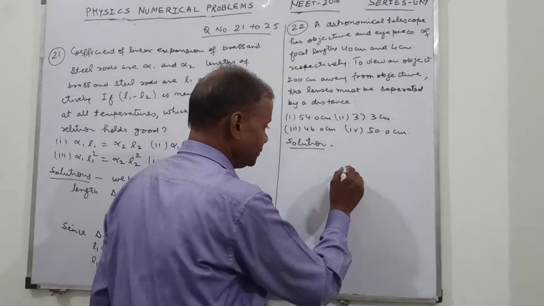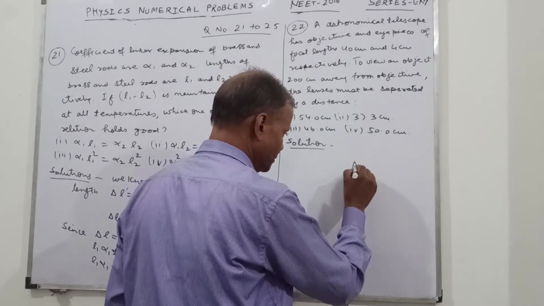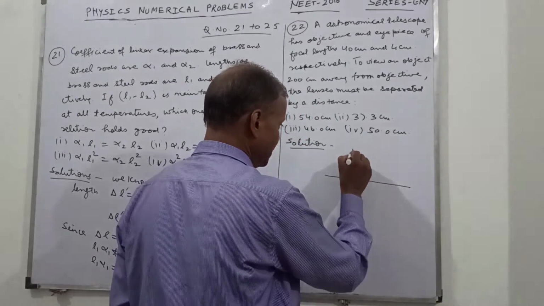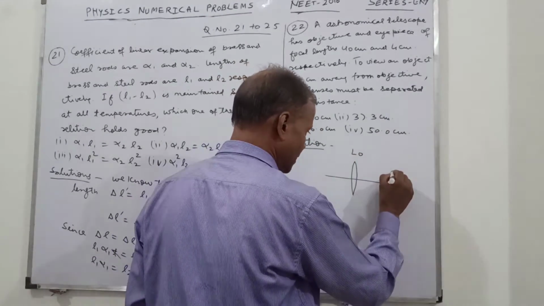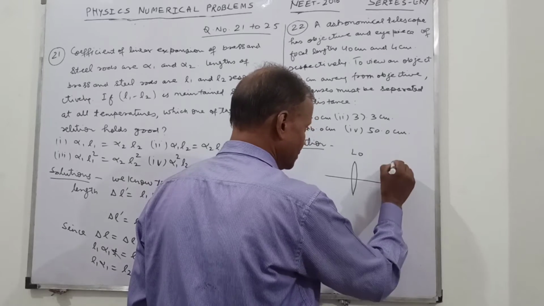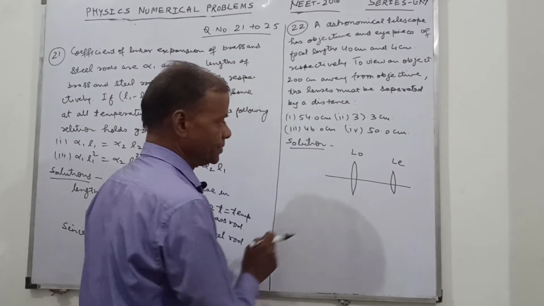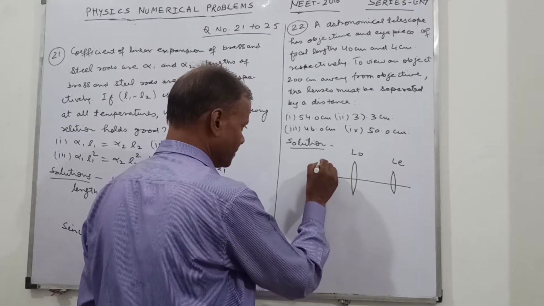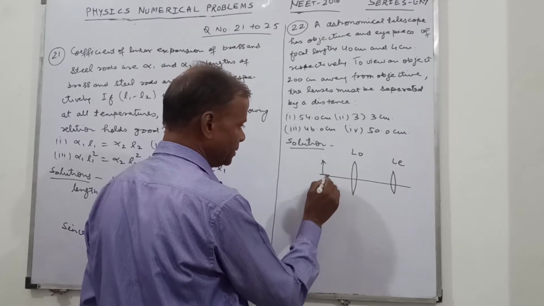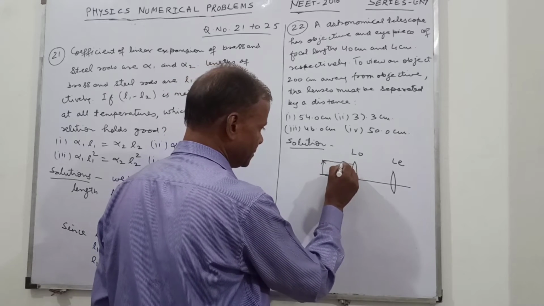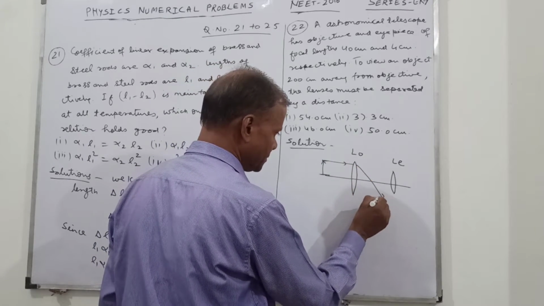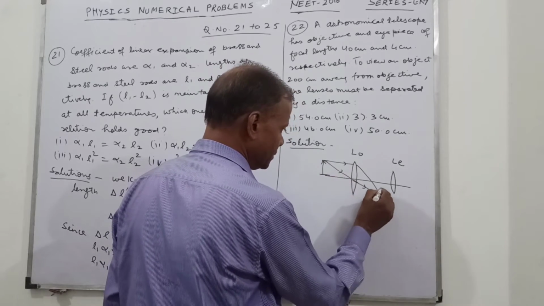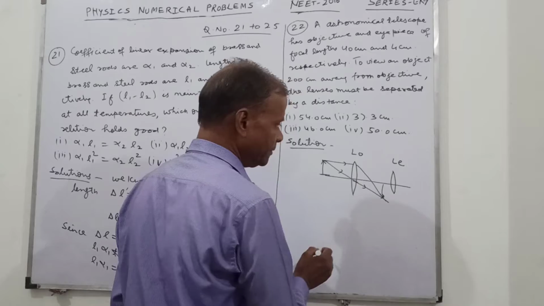So this is the objective lens L0, and this is the eyepiece. This is the object, and here is the image that is formed.